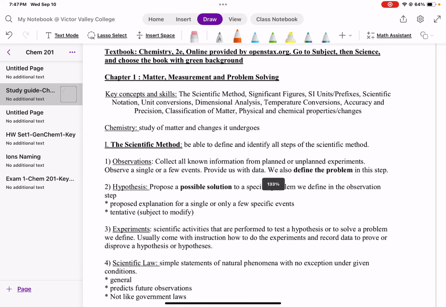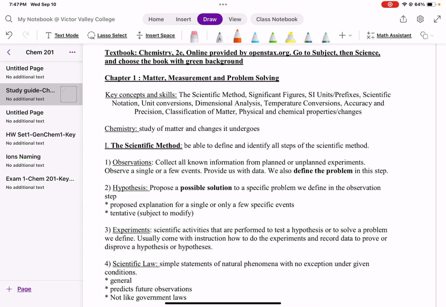You know where to get the book, from OpenStax. Here's the information again, if you're not sure. Chapter 1's essential idea is matter, measurement, and problem solving. Here are the key concepts that we need to master, and the skills.